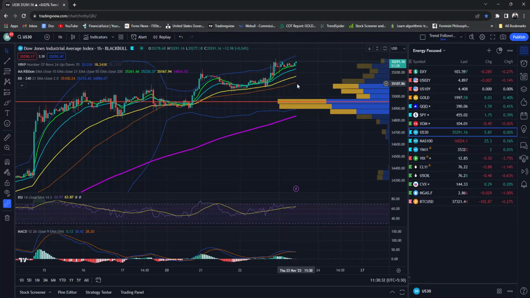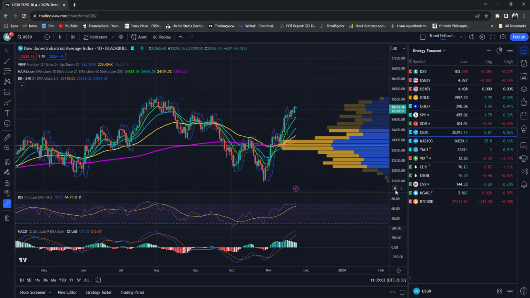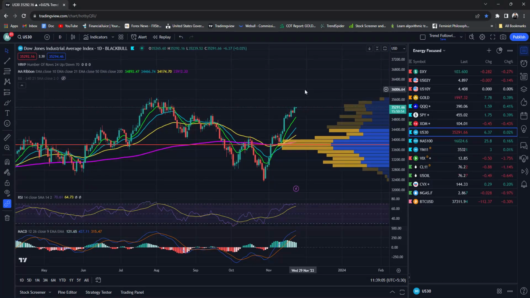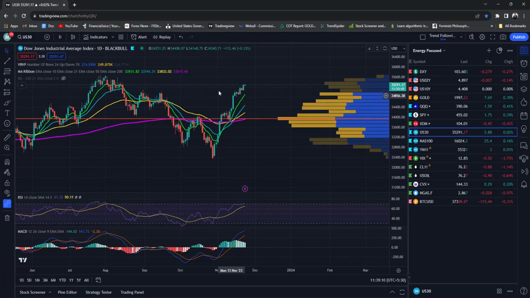So this is our 200, this is our 50, this is our 21, this is our 10. The 200 is very wide on the hourly scale from the others. But if we look at something like one day, it's how it should be on a bullish trend.